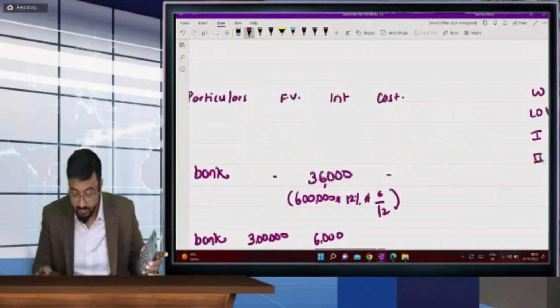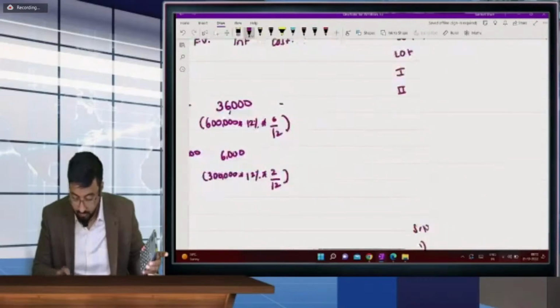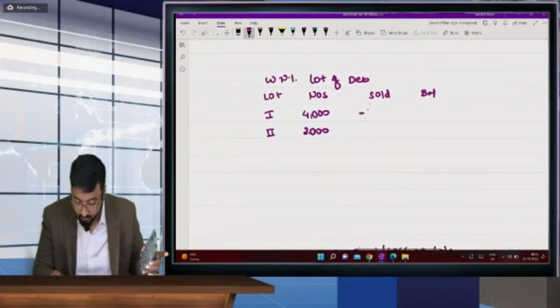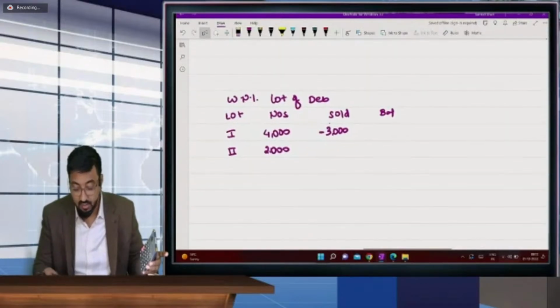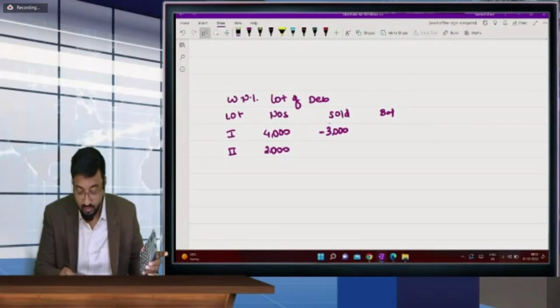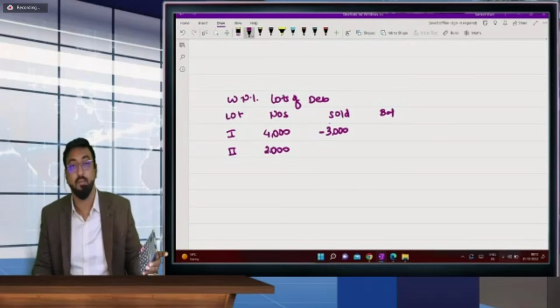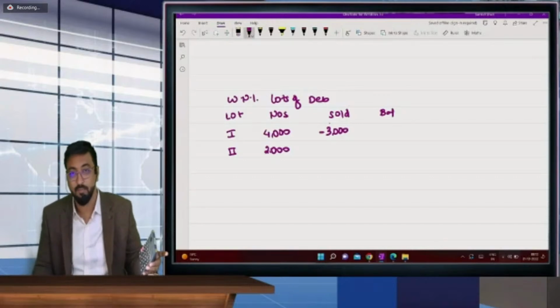Now out of this you sold 3,000. Okay. So first lot में से बेचा. So lots of debentures. Okay, if you want to prepare this working note, otherwise there is no need. It is only for understanding purpose, beta.